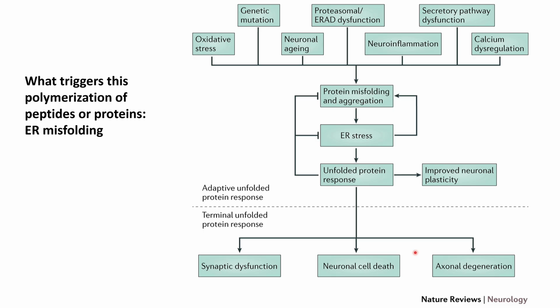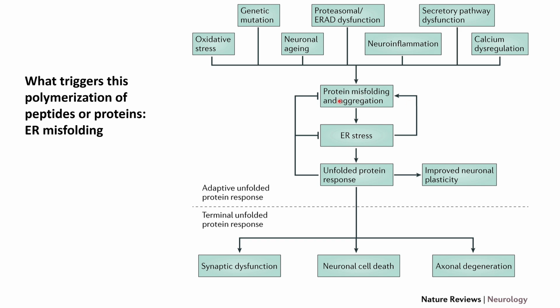Now if we are trying to find a target for a drug for this particular neurodegenerative disorder, after studying all these hallmark proteins, the first thing that comes to anyone's mind is that protein misfolding seems to be the initiator. Protein misfolding occurs and then the whole progress of disease starts.